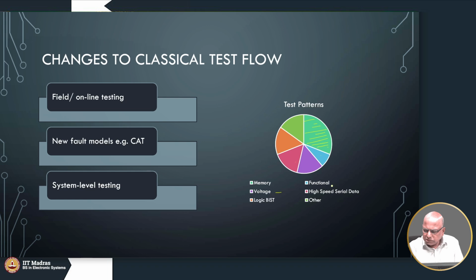The blue one is the functional testing. So you can see we don't do so much functional testing. Then this refers to logic based. These are voltage tests. And finally, there may be even other tests that I have not mentioned here.